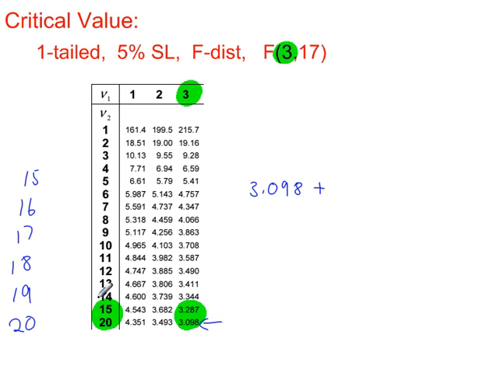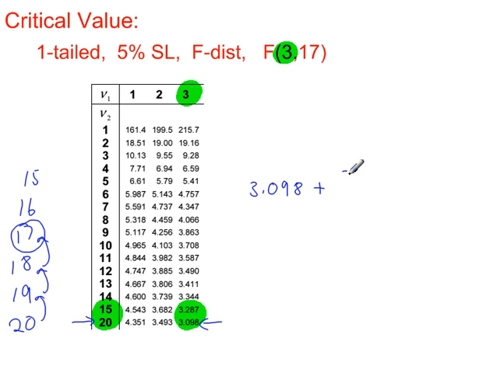Now, from 15 to 20, I've listed all the values on a number line. So there are 1, 2, 3 jumps to get to 17. So starting from here, there are 3 jumps out of a possible 5 jumps.